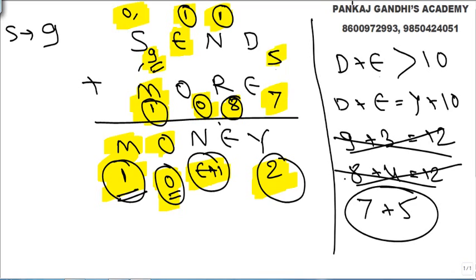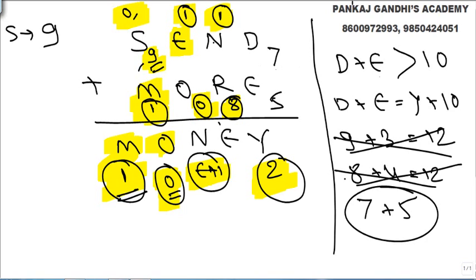Now if I take E 7 and D 5, 12, carry forward 1. If E is 7, N is E plus 1, what it gets is 8. Same problem, R be 8 or N be 8, not possible.